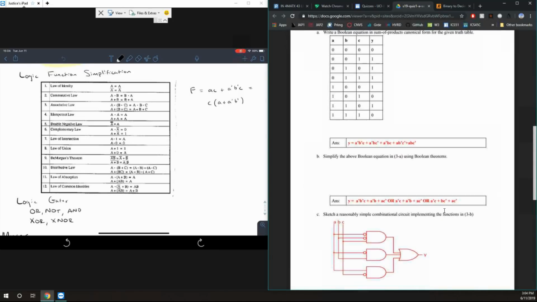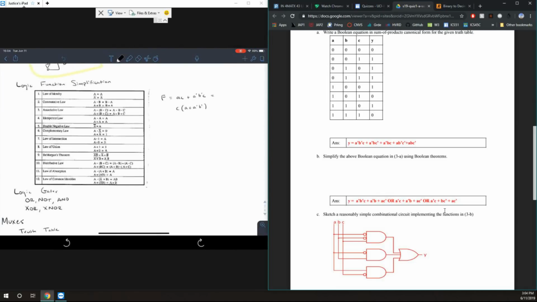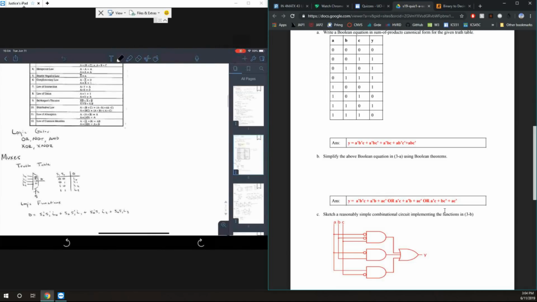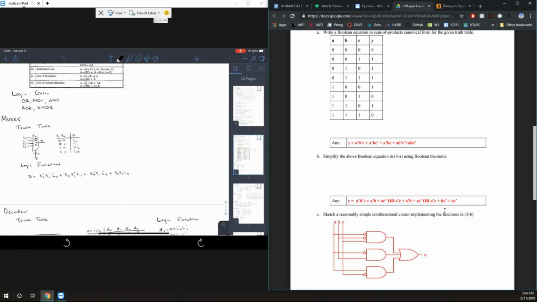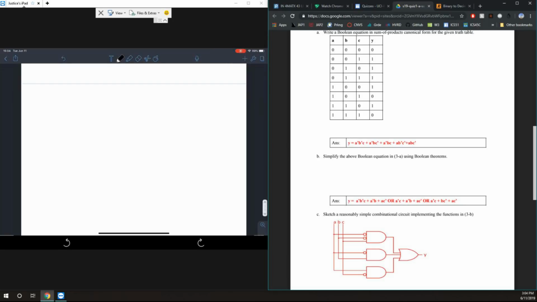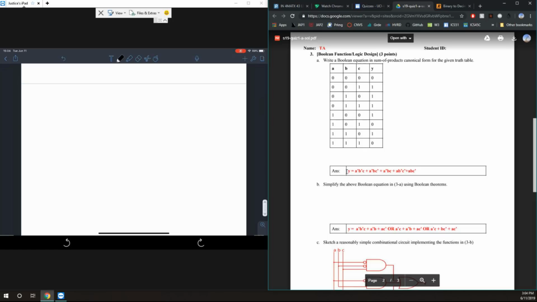Let's do that real quick. So I'm going to just take the formula because we understand this part, and we'll go from there.